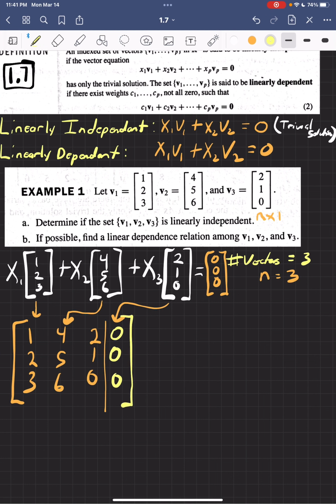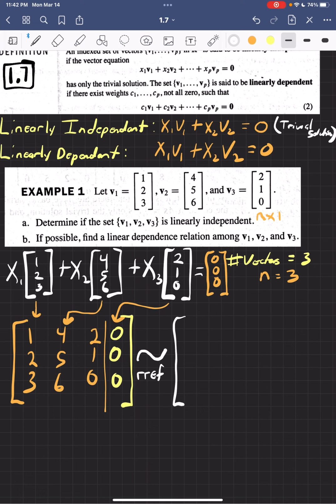Now at this point, you know, this problem never mentioned anything about matrices, right? I mean, this problem's talking about scalars and it's talking about vectors. But lo and behold, we can view vectors this way, and this allows us to use some technology, right?